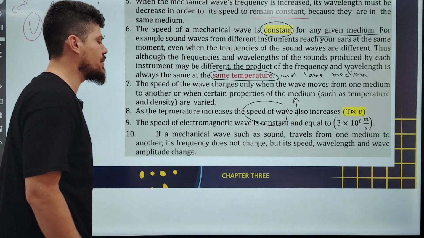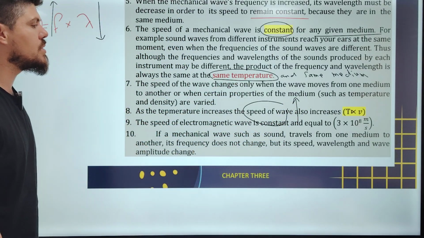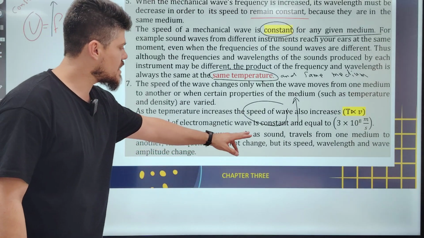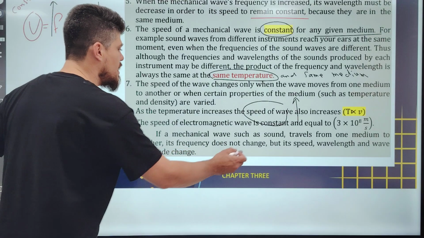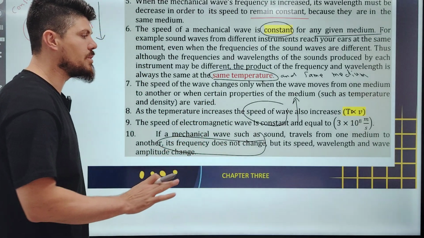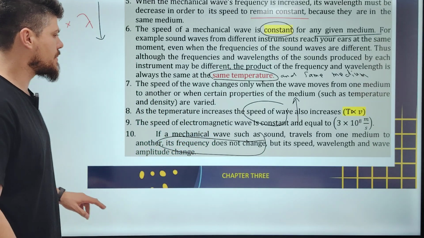It also increases, directly proportional. The speed of an electromagnetic wave is constant, always equal to 3 times 10 to the power 8 meters per second. If a mechanical wave such as sound travels from one medium to another, its frequency doesn't change. Why? Because frequency does not depend on the medium. Frequency only depends on the source.